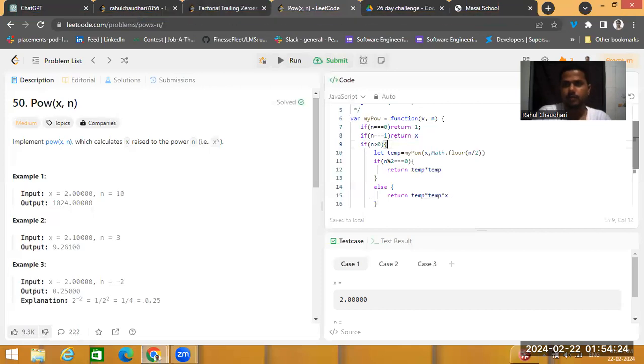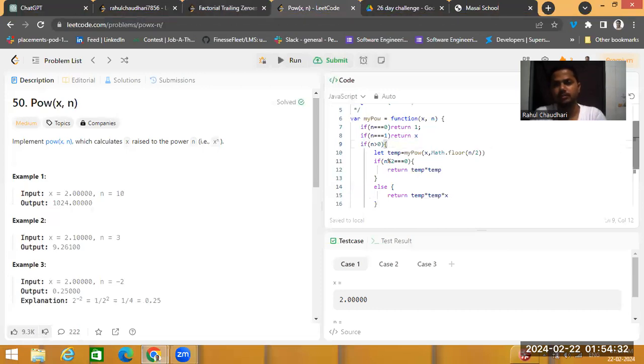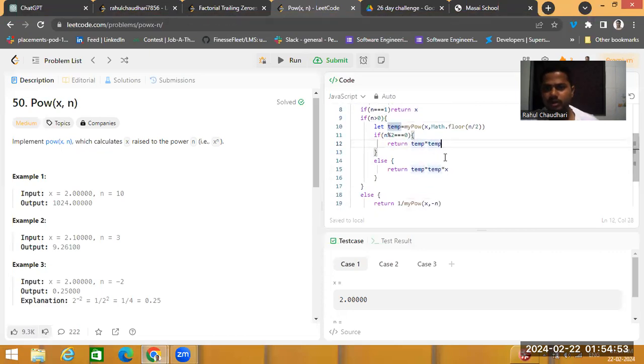In the first part we get x raised to n by 2, and in the second we get x raised to n by 2. So the result becomes x raised to n, right? But if the number is odd, we need to add one more x, right?